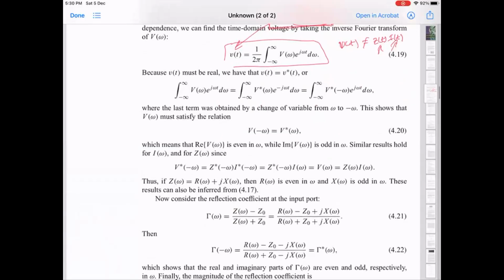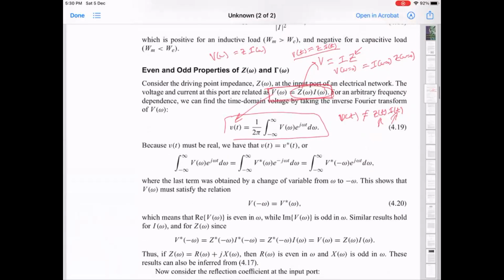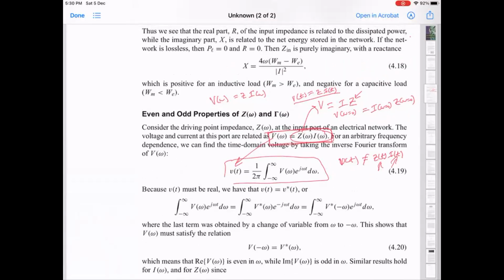Yeah. So this section talks about another important aspect, which is connected to another thing you have learned in physics in a different context, the Kramers-Kronig relationship. All of you are familiar with this expression? Yes.